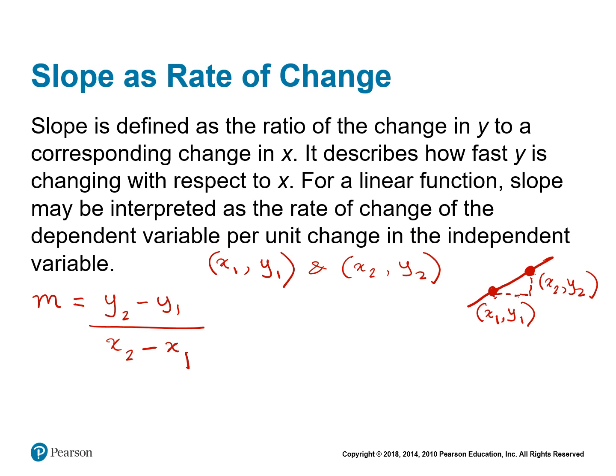And look at these two lines. We have this line which has a certain slope, a certain slant, but if we take another line, I'm going to make it a little steeper. I think it doesn't compare too well, so I'm going to erase this and draw another one here.